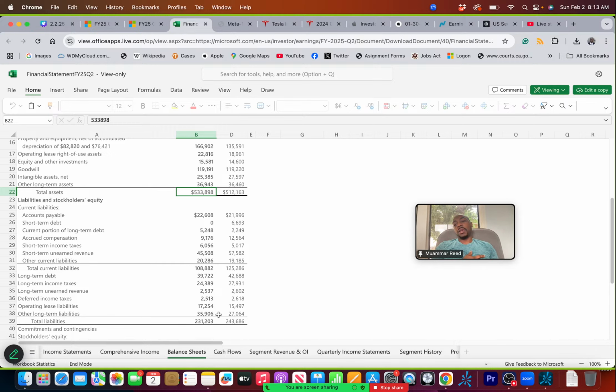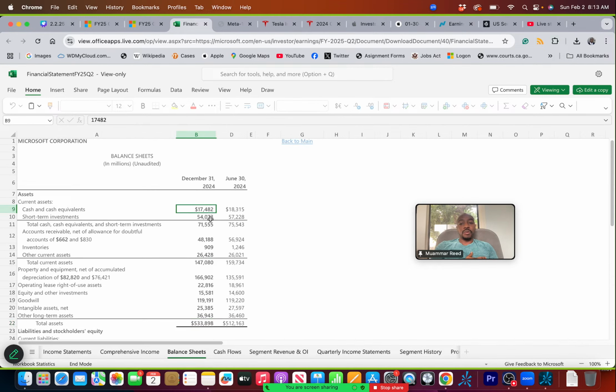So that's a really good asset to liability ratio. If there was a downturn in the economy, if these tariffs start screwing with some of these companies, it has a two and a half to one ratio in terms of the assets it has versus the liabilities, or debts, right? And it has $17.4 billion in cash to go acquire something, to keep researching, to throw some more money into something.